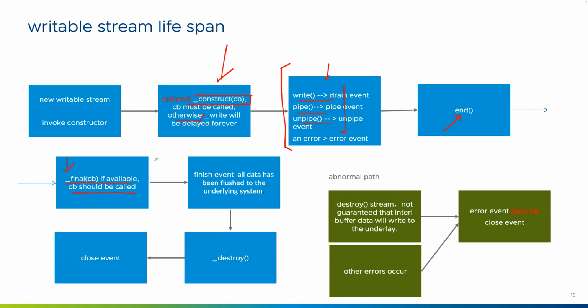That means the same as with the option underscore construct, this is a final clearance action you have to finish. And then the finish event.